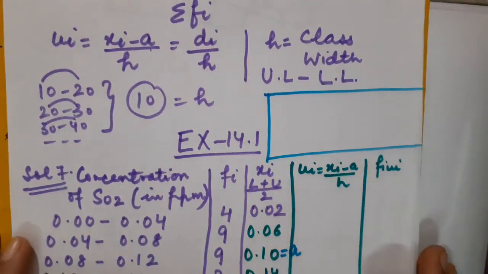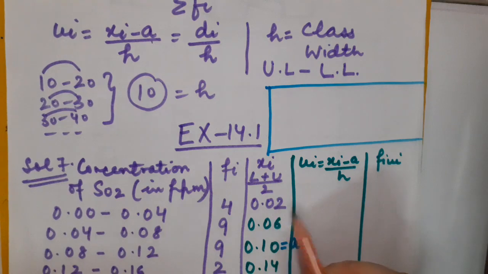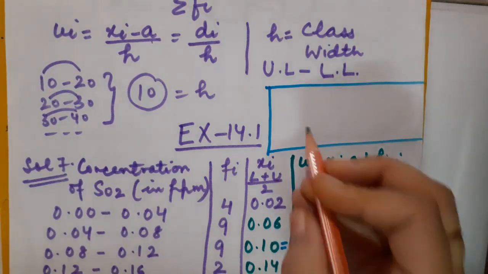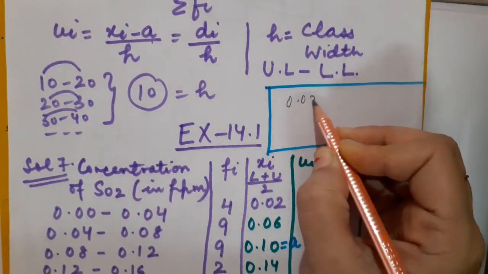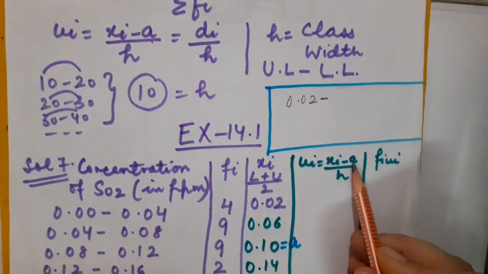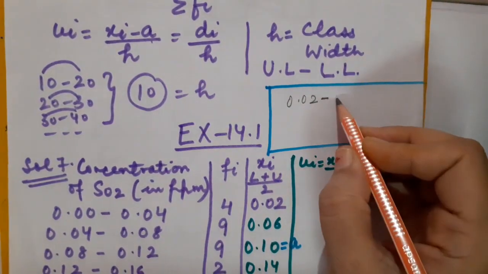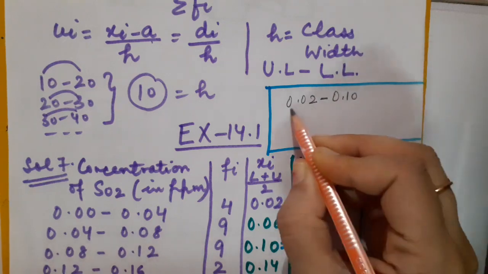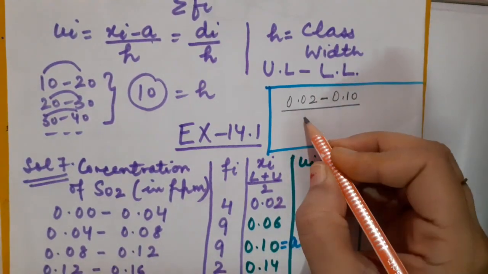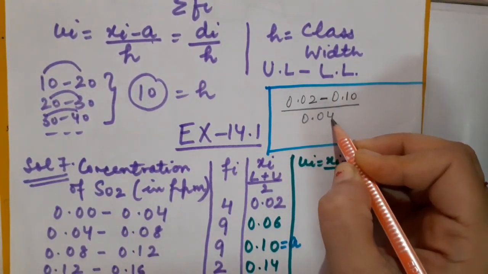So the very first one I am going to do for you so that you can understand the calculation part. This is xi, that is 0.02, minus a. What is a? A I have considered as 0.10. So this is 0.10 divided by h, which is equal to 0.04.